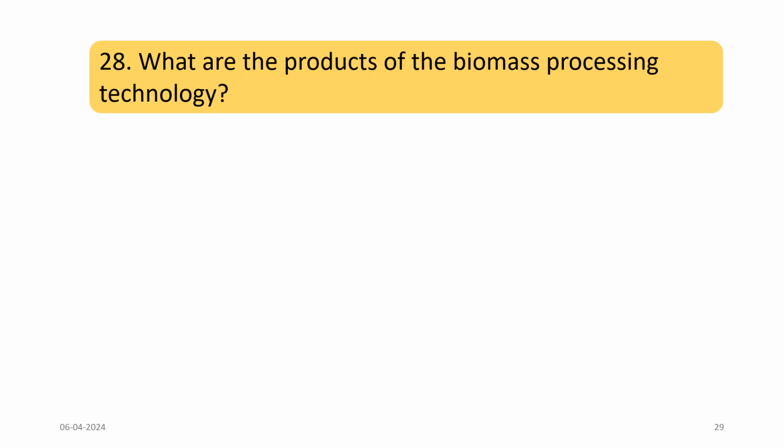Next question, what are the products of the biomass processing technology? Using biomass processing technology, what products can we produce? The first one is fuel grade bioethanol.